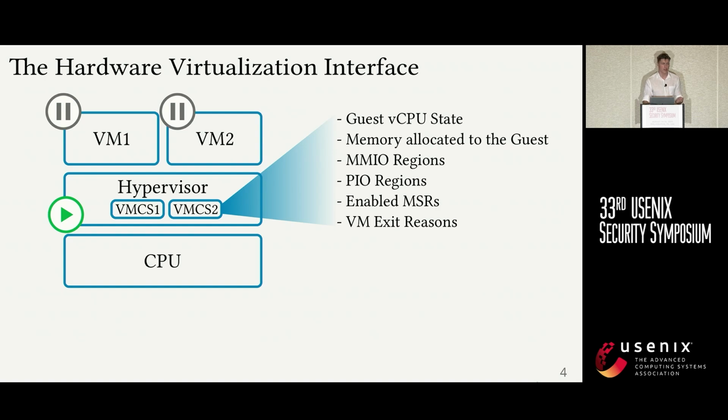When the hypervisor wants to enter a VM, it uses a special instruction. Here, it's written as VM enter. The CPU takes over control, inspects the active VMCS, and then begins running the guest. When the guest triggers one of those VM exits by using one of those modes of I/O, that goes through the CPU, which updates the VMCS to reflect what happened, what the VM exit reason was, and then passes control back to the hypervisor.